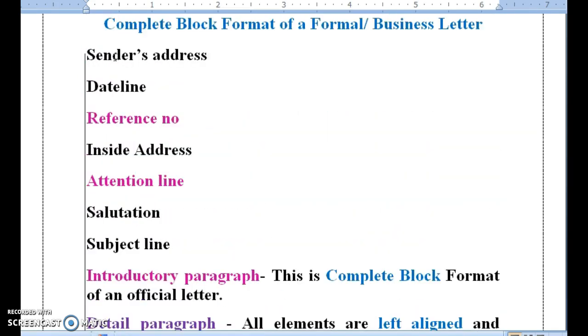The second thing that you notice is each element is separated by a blank space. For example, if you finish writing your sender's address and you are writing a date line, you should leave one line blank in between. Okay, that's one thing about complete block format.